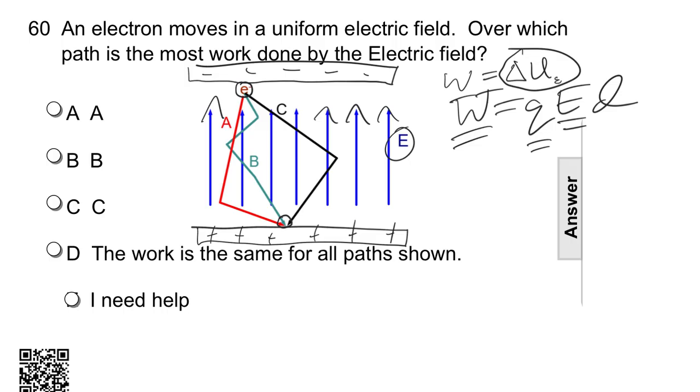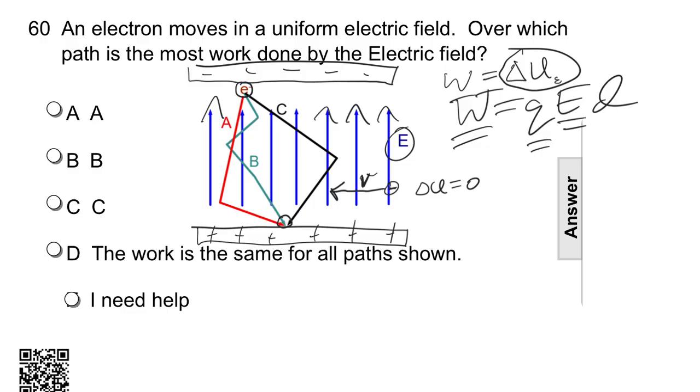The work done by the field to move this charge, it doesn't matter if it moves sideways at all, because moving sideways doesn't change the potential energy. So if you had a particle like this and you moved it this way, perpendicular to the field lines, that would take no work because there's no change in the potential energy of that charge.